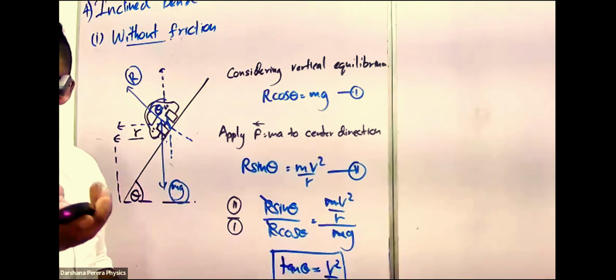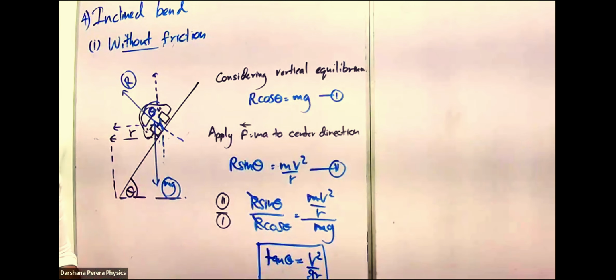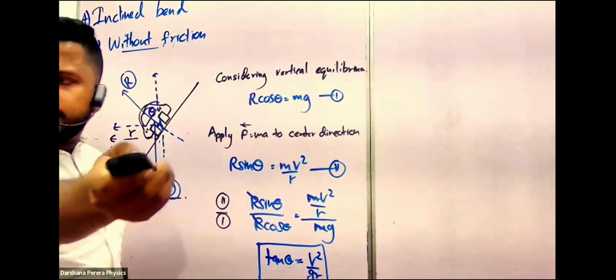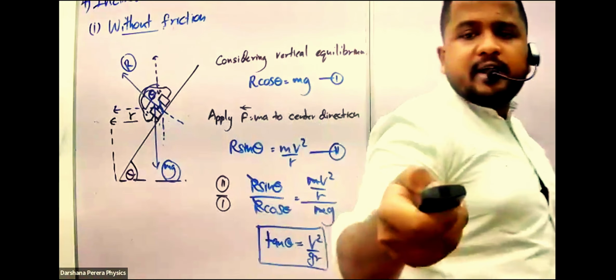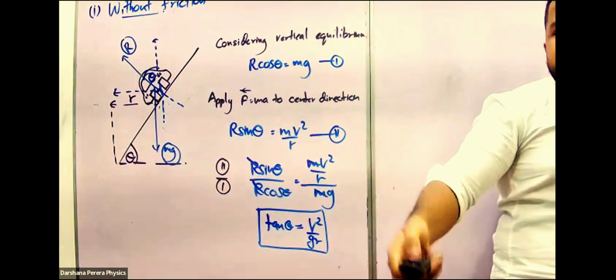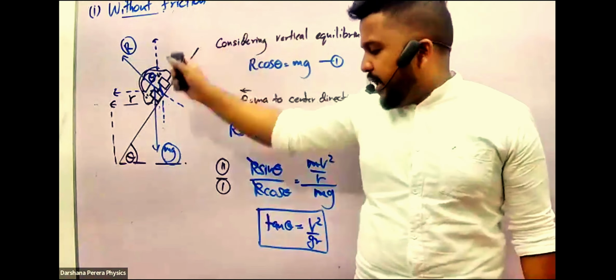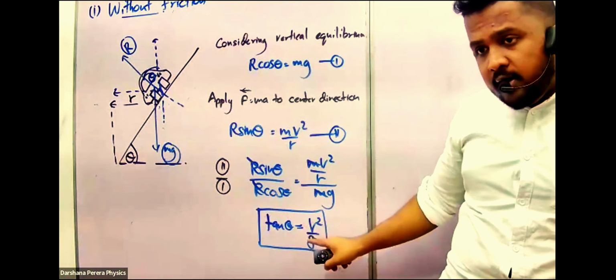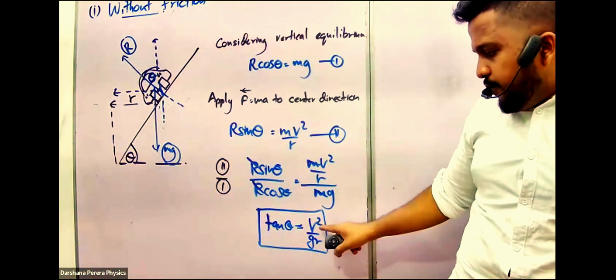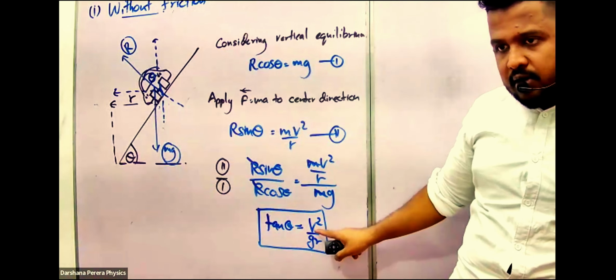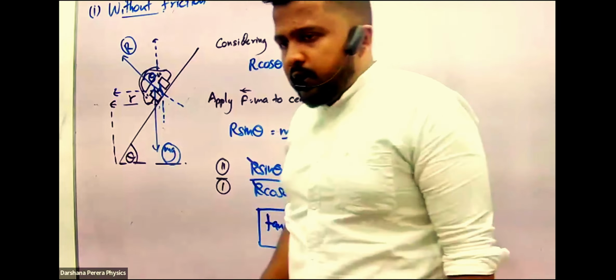There is only one speed that can be traveled when we do not use friction. Without friction, there is one velocity, right? There is one velocity. Write down.